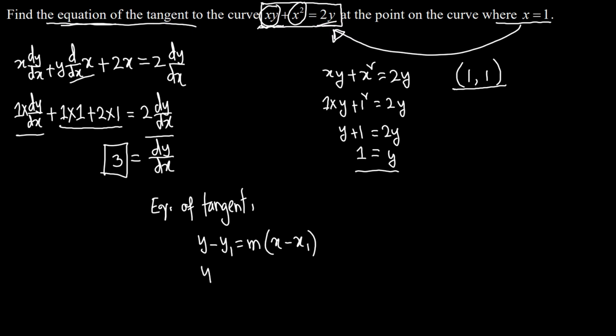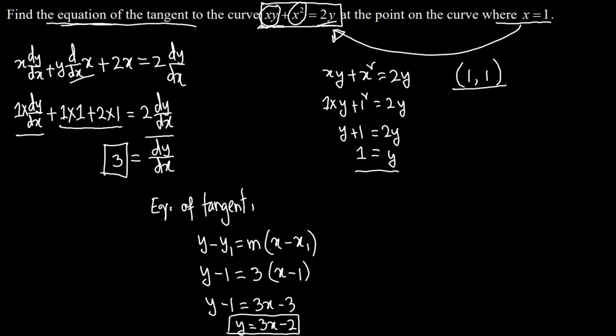So let me put our values: y1 is 1, m we got 3, x1 is 1. Let me simplify: y minus 1 equals 3x minus 3. So finally you can write y equals 3x minus 2, because minus 3 plus 1 is minus 2. So this is the answer to this question.